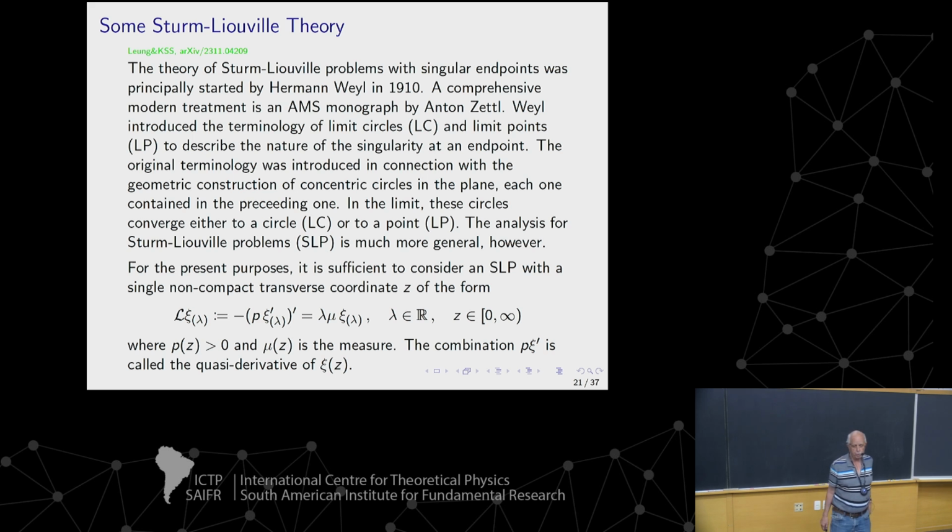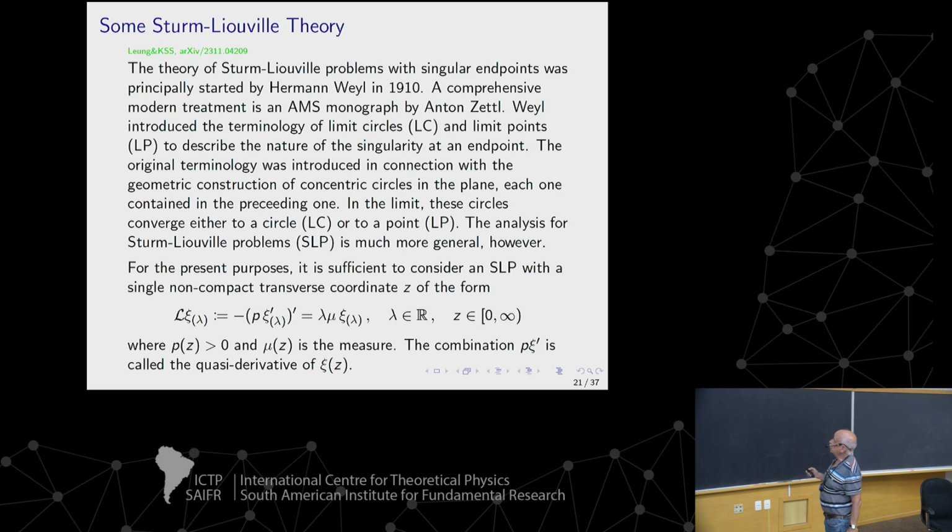So there's some language. I don't want to go through the detail of this, but first of all, one rewrites, so this is like the transverse problem, which is the Sturm-Liouville problem, the second order differential equation in this form. This involves choosing variables such that you force it into this form.